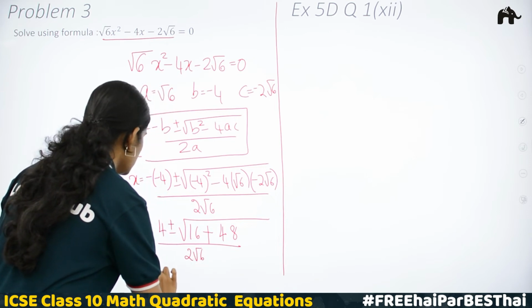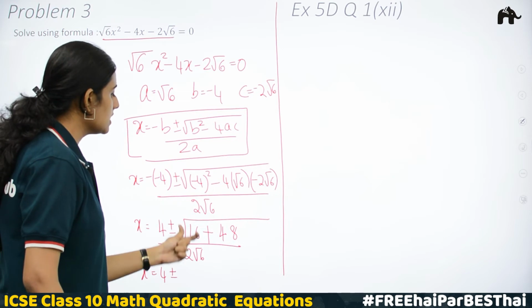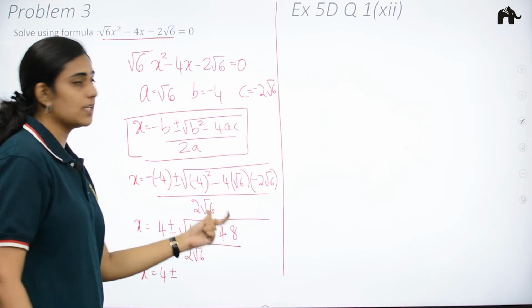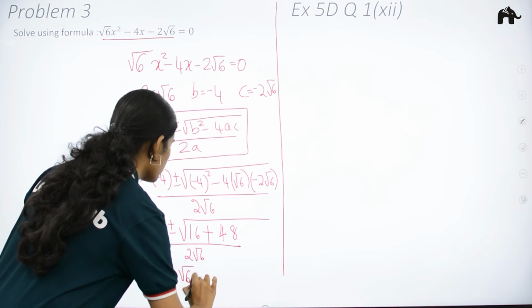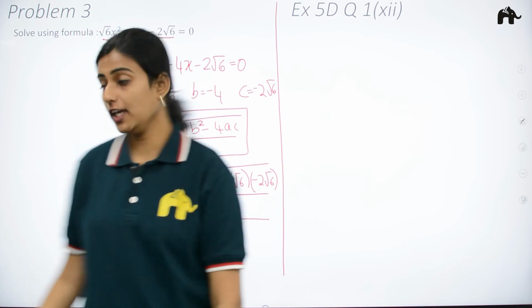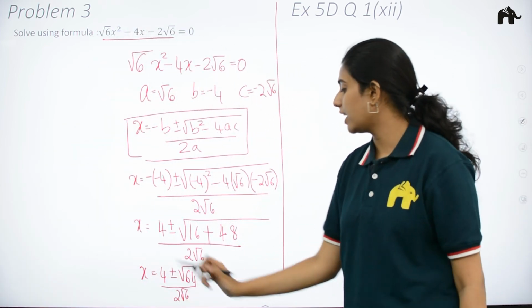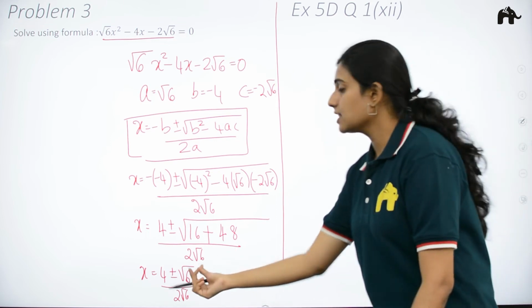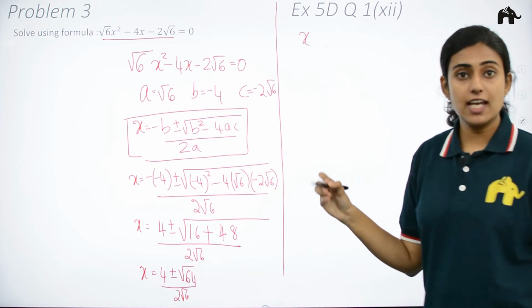That is x is equal to 4 plus or minus root of 16 plus 48. What is 16 plus 48? You get 64. Root 64 divided by 2 root 6. 64 is a perfect square, 8 square we get 64.